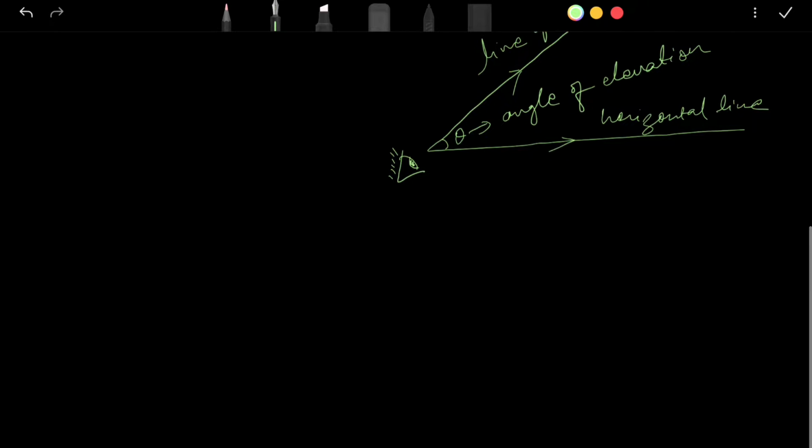Now similarly, this is our horizontal line. If you are viewing any object below the horizontal line, we'll consider the placement of our eye here. We are viewing this object, so this is our line of sight.